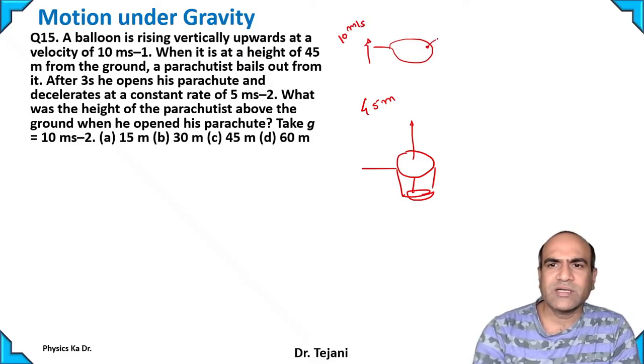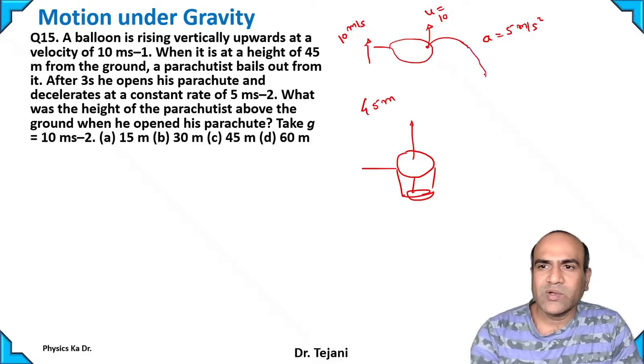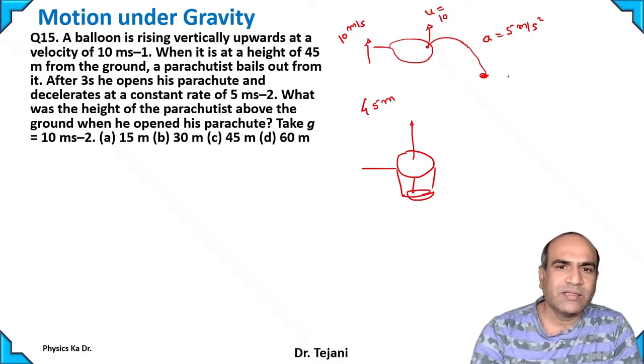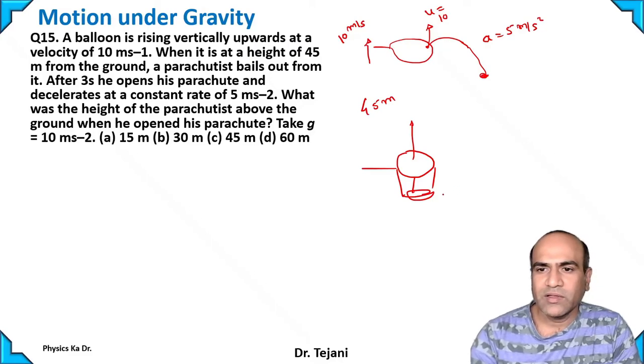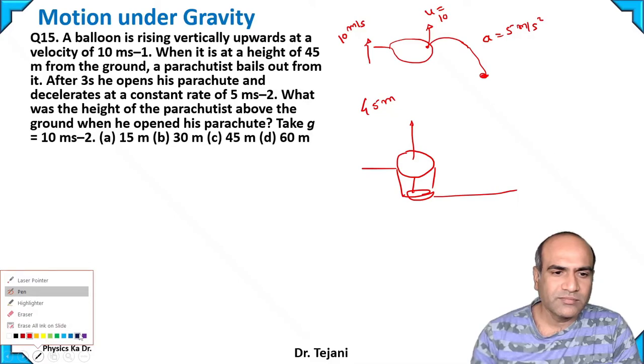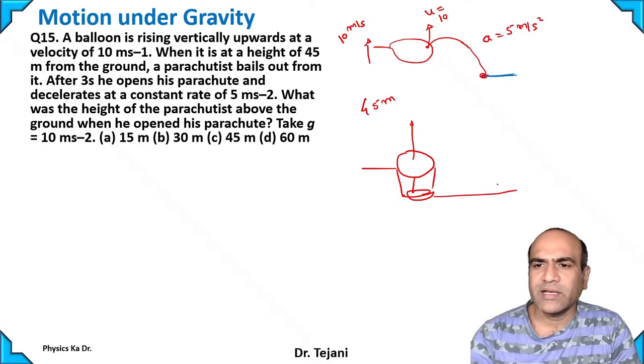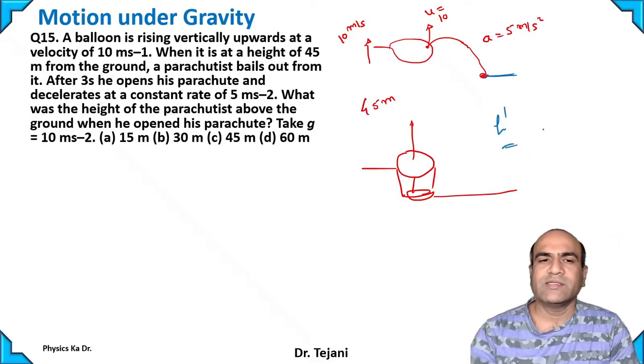And the parachutist jumps like that, and he has acceleration equal to 5 meter per second square, and the initial velocity u is equal to 10 meter per second, right? At what height is the parachutist above the ground after 3 seconds?